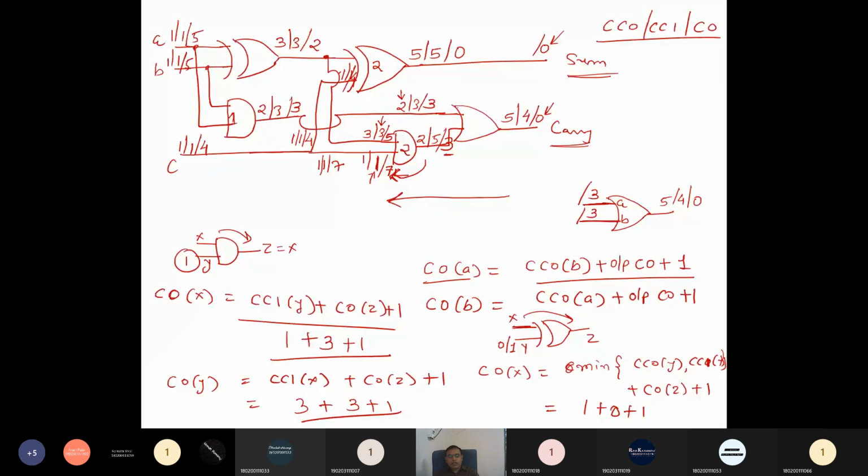So this is clear. We completed an example of the testability analysis process using the SCOAP analysis technique and the rules of combinational testability analysis. Any questions on this? How to calculate controllability and observability at different nodes?